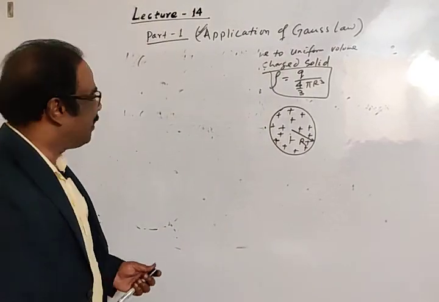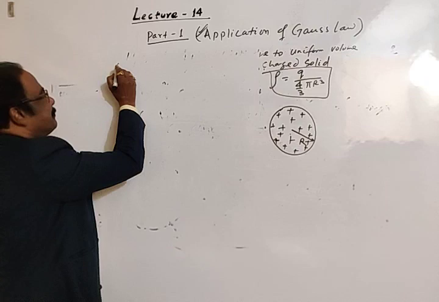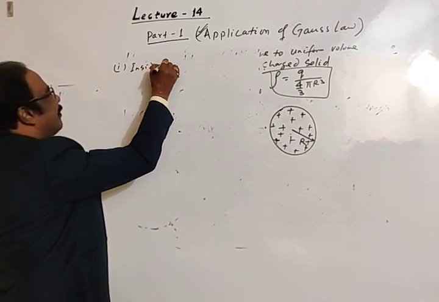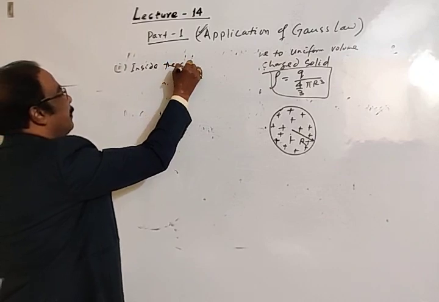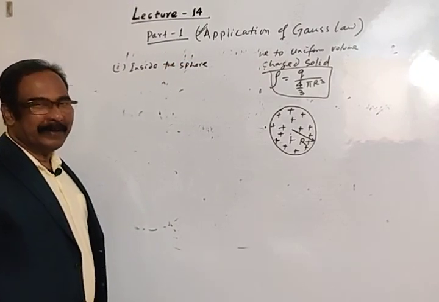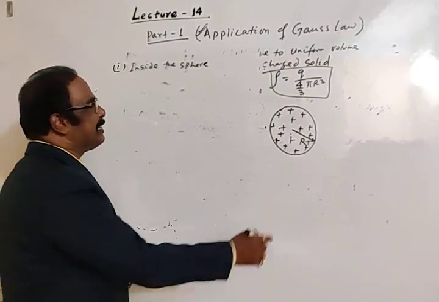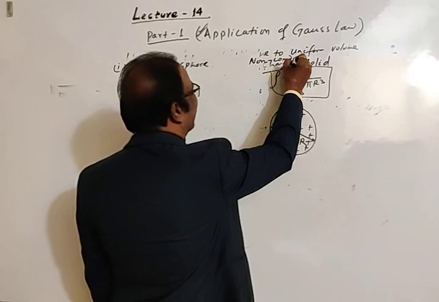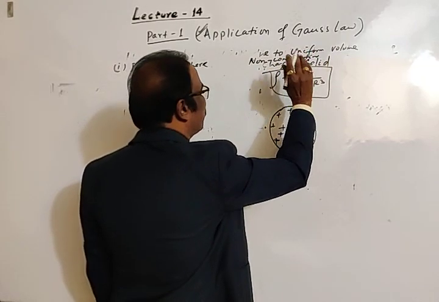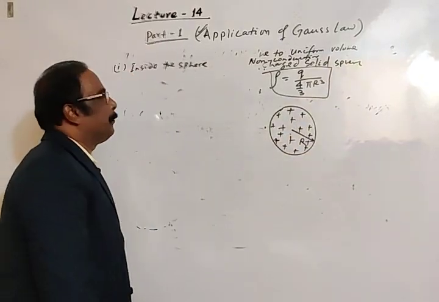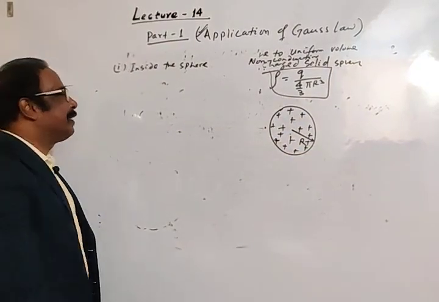Number one, first case. Inside the sphere, this is a non-conducting sphere. It must be kept in your mind. This is a non-conducting charged solid sphere, with uniform volume distribution of charge.